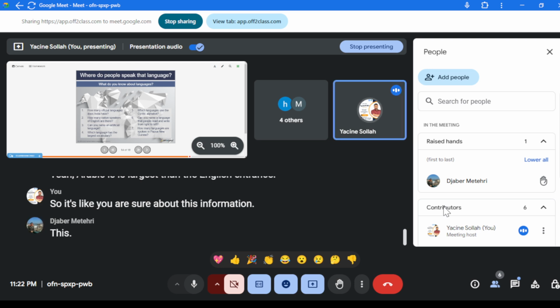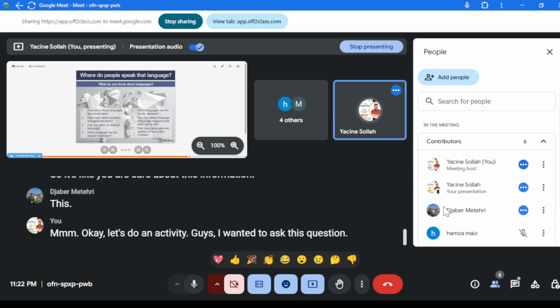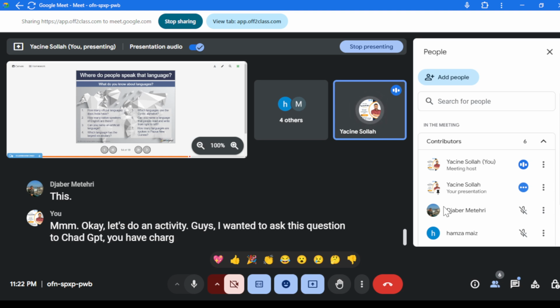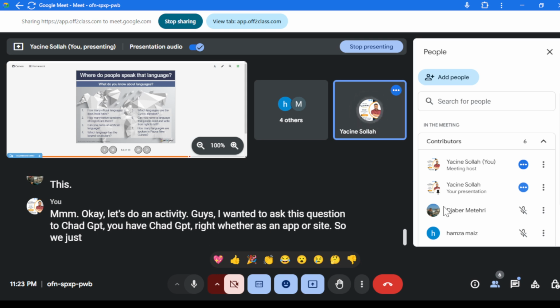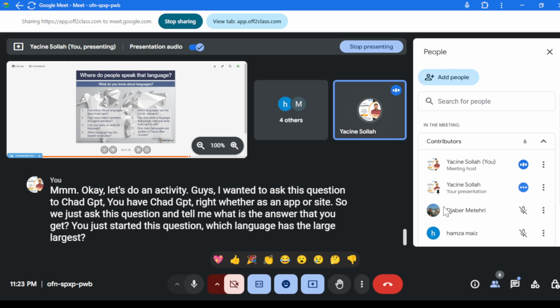Yes. Okay, let's do an activity. Guys, I want you to ask this question to ChatGPT. You have ChatGPT, right? Whether as an app or site. So you just ask this question and tell me what is the answer that you get. You just write this question: Which language has the largest vocabulary?